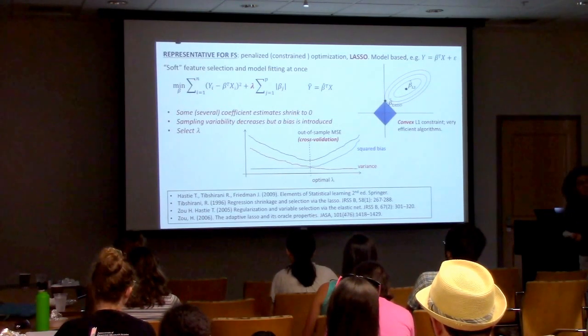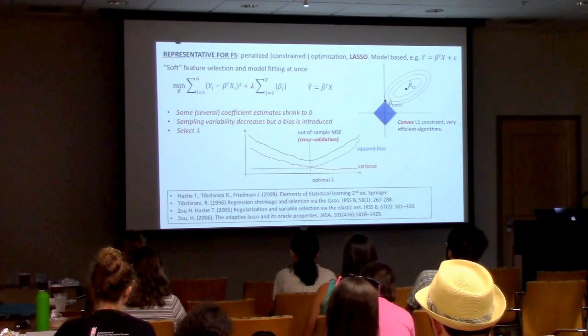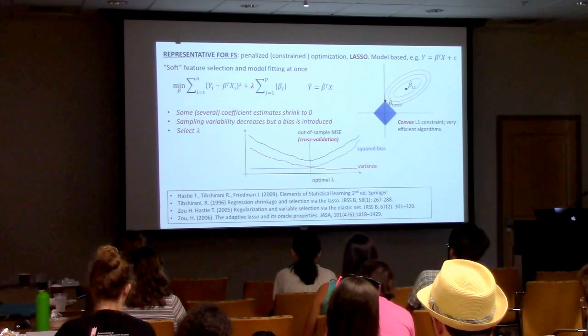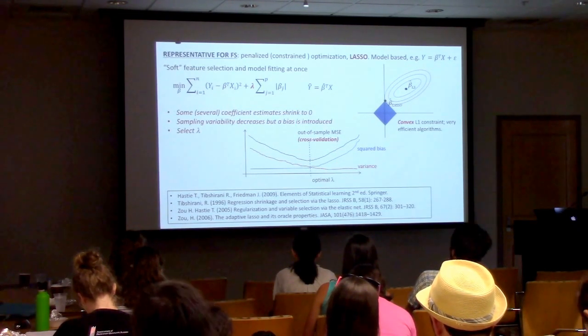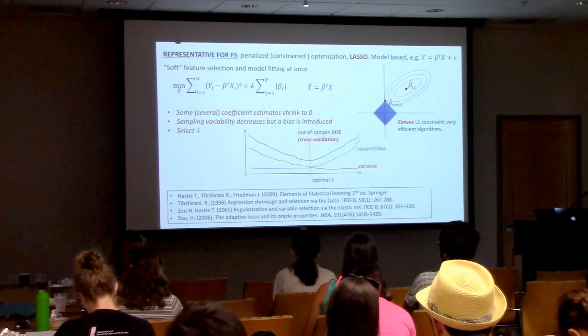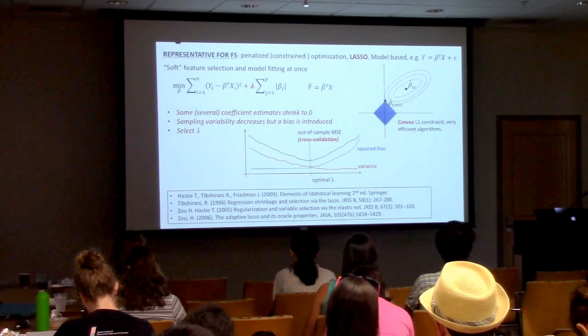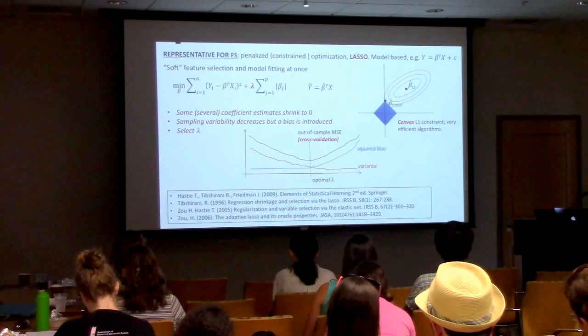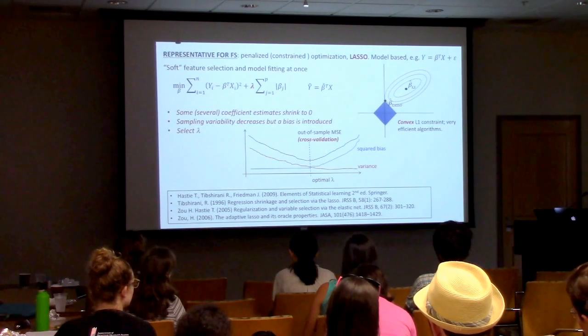The sampling variability, what you can think of as a standard error, okay, of the estimates decreases. The estimates are stabilized. But you're introducing a bias, and this is an important thing to know. A bias, let's say if the least squares estimator were unbiased because you hit exactly on the right underlying model, the lasso estimator would have a bias.